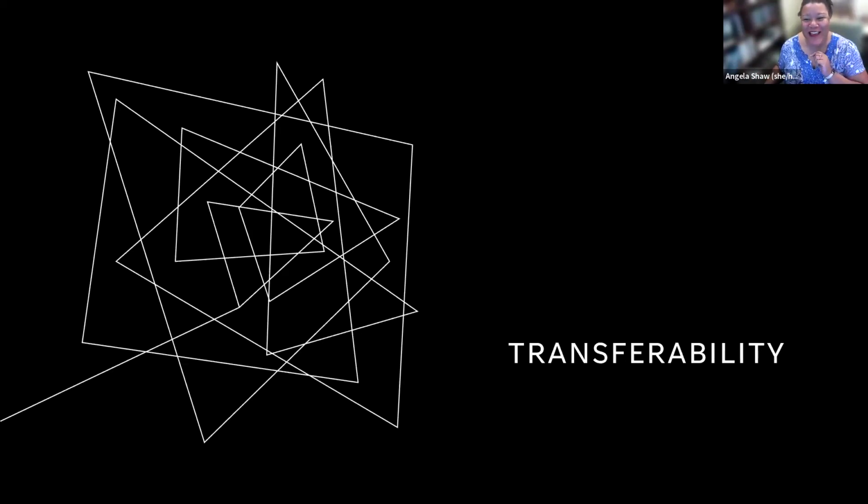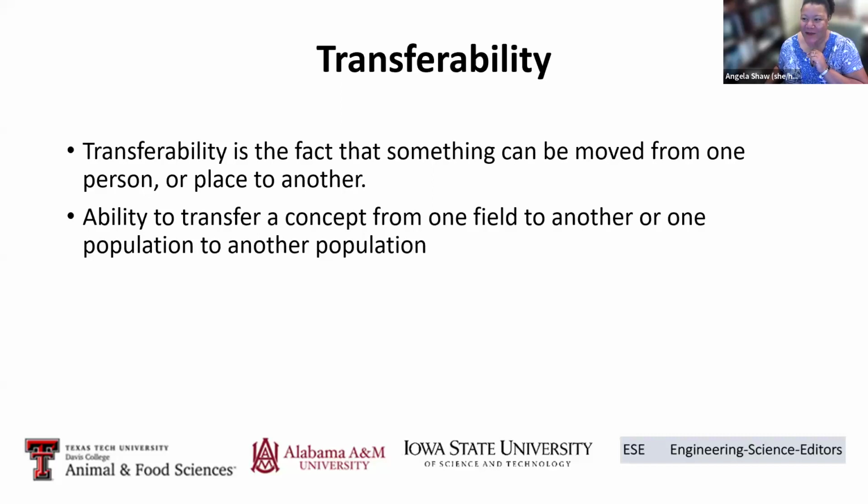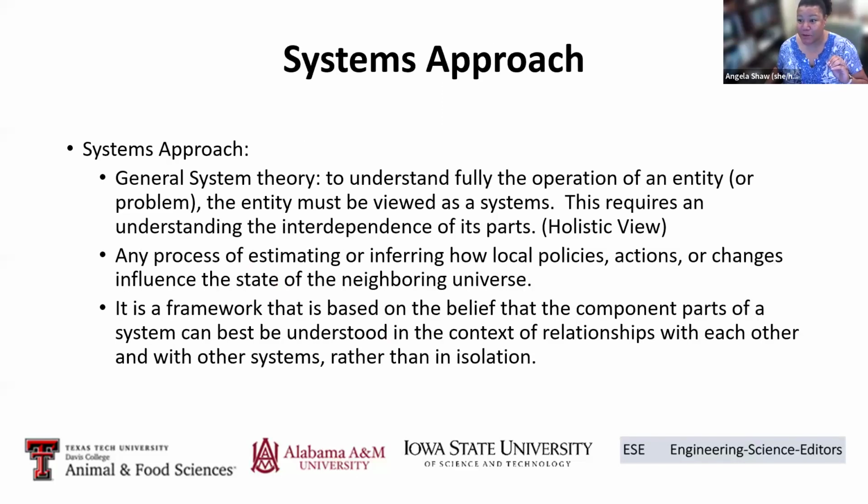And more than anything, transferability. They want you to be able to move what you have learned, all of the knowledge, into science, into knowledge sharing. How can you translate it from one field or discipline to another population? So we're thinking about, okay, yes, I did this workshop for the Amish, but what are some lessons learned, or what are the characteristics of that population that might be translated to other populations?